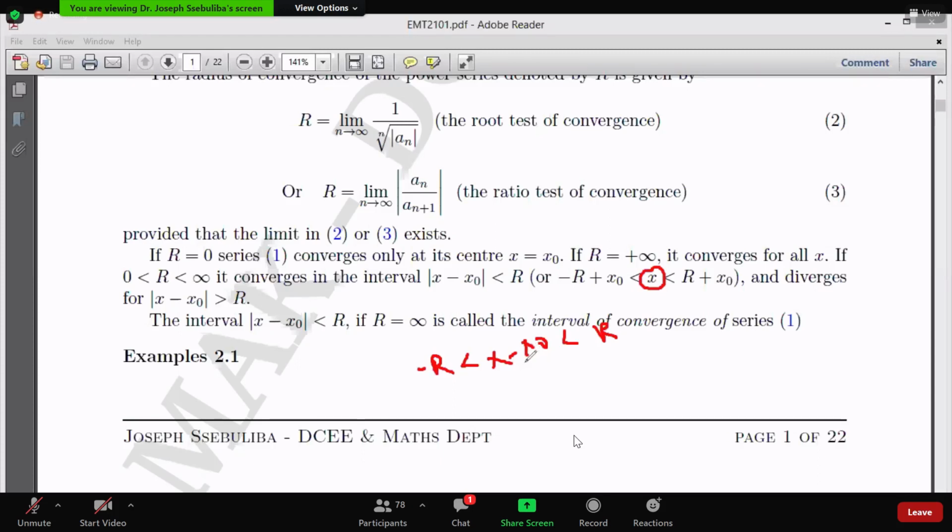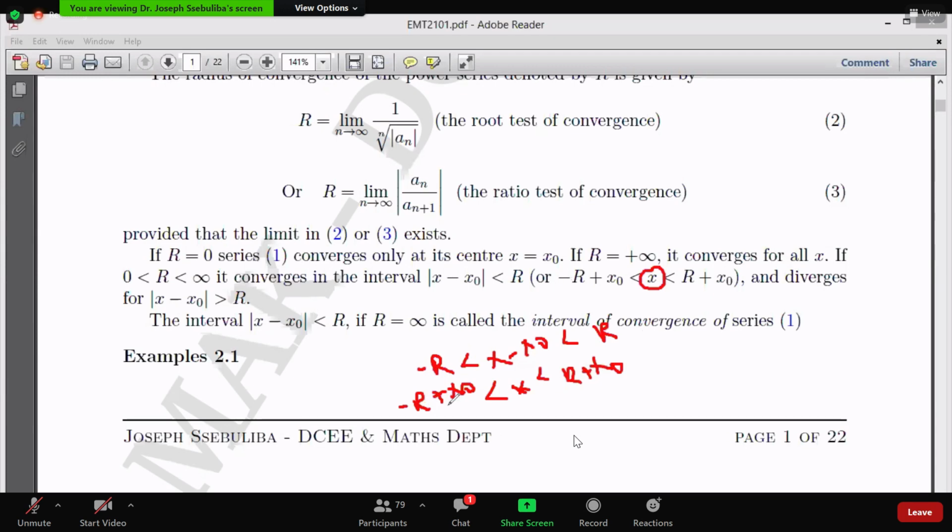Here you must add the x naught on either side, so that when you add the x naught here, this one cancels out. So you will have minus R plus x naught, which is less than. When you add the x naught here, you will only remain with the x, and then this will be less than the R plus x naught.